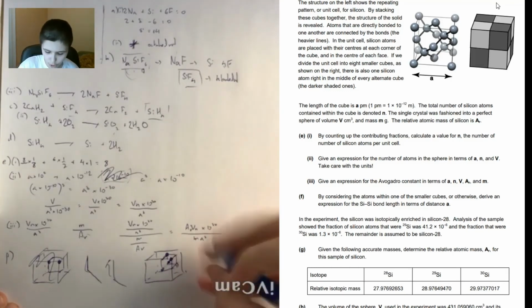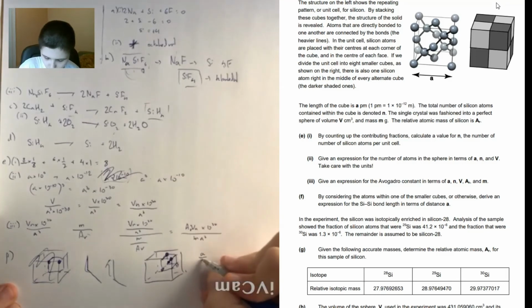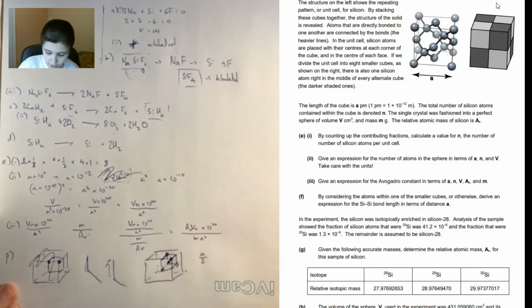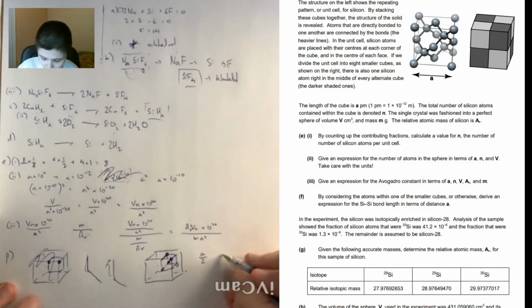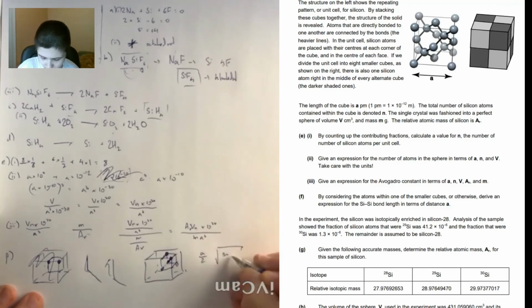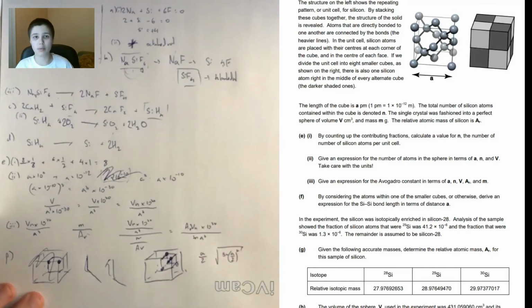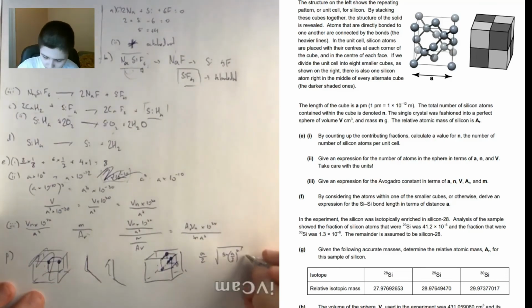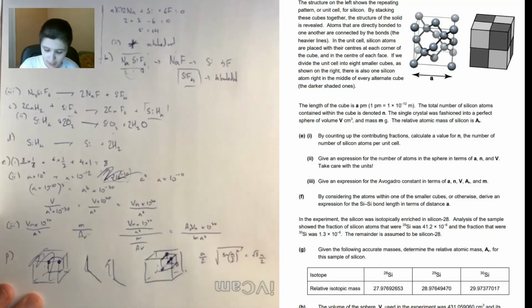The side of the small cube is A over 2, so this length of the diagonal by Pythagoras is going to be root of 3 times A over 2 all squared, giving me root 3A over 2. However, that's just the whole of the diagonal, and we need half the diagonal, so that's going to be root 3a over 4 is the length of the bond.